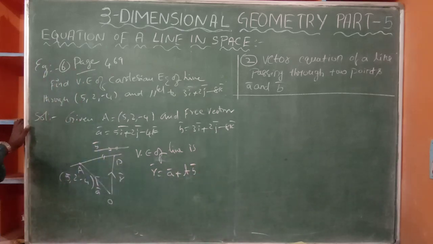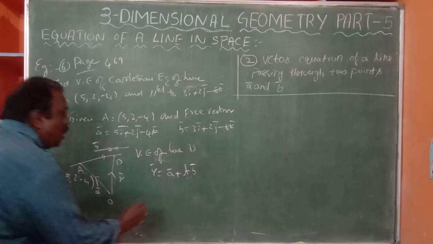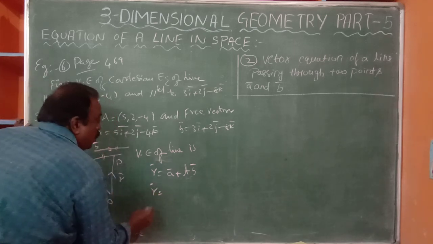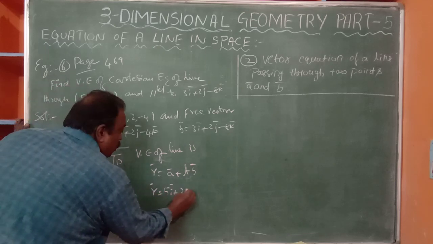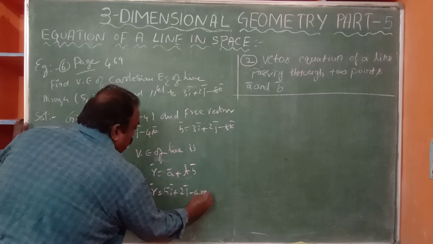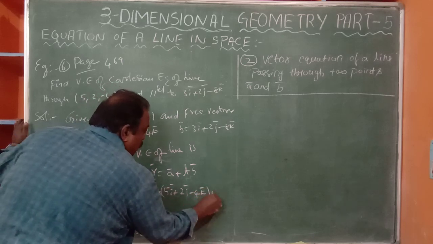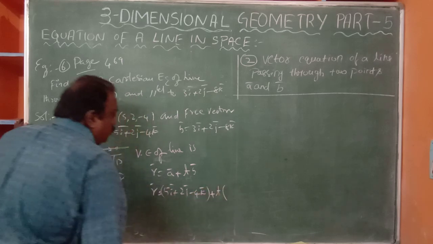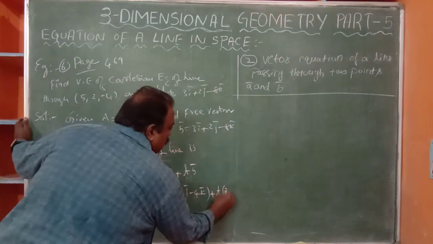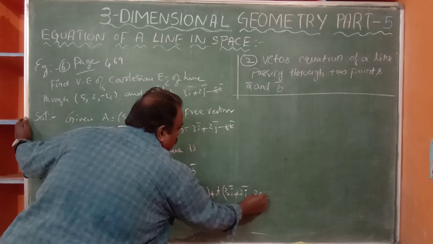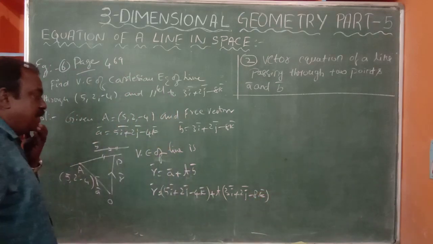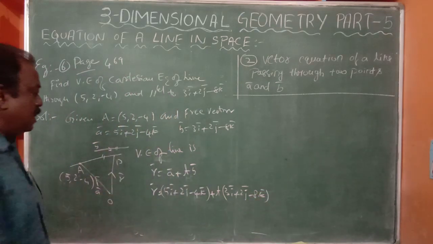Not only t, you can assume k, or lambda or mu, whatever. R bar is equal to, what is A bar? It is 5i plus 2j minus 4k, plus t of, what is B bar? It is 3i plus 2j minus 8k. That is a vector equation.